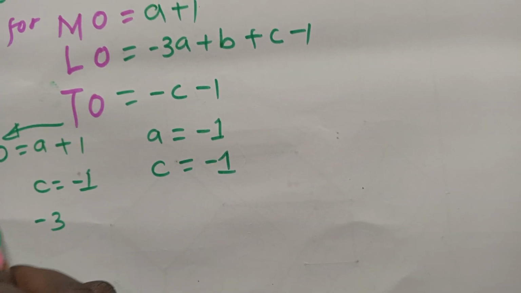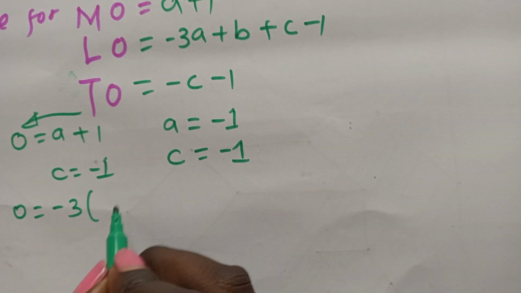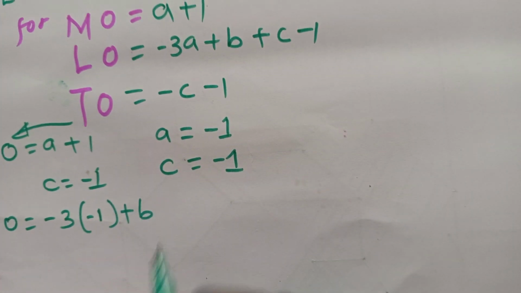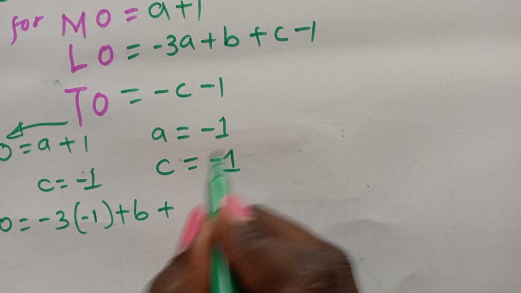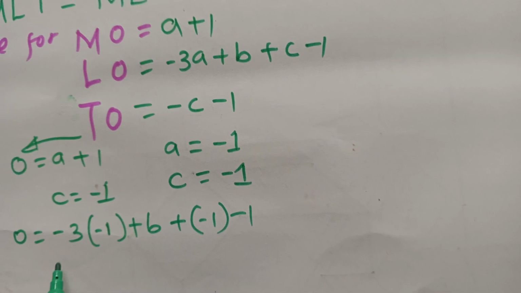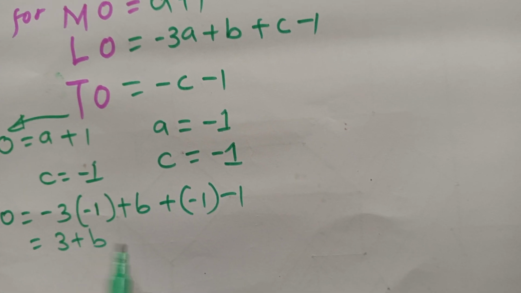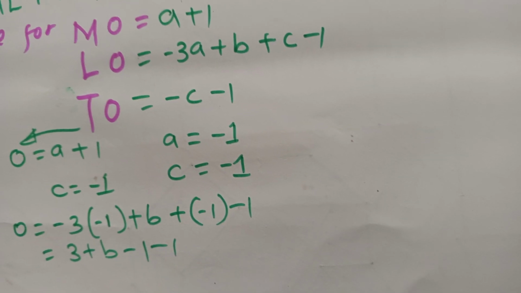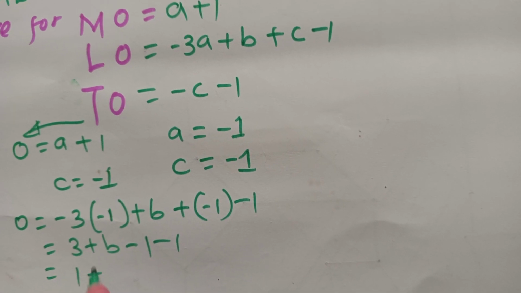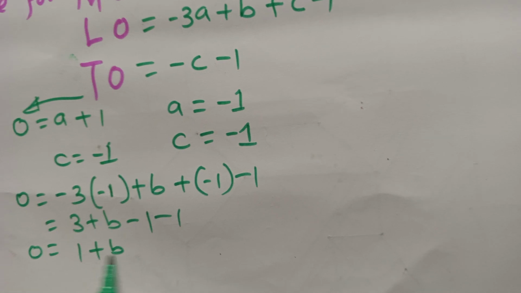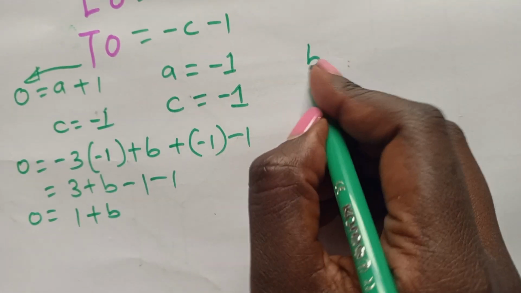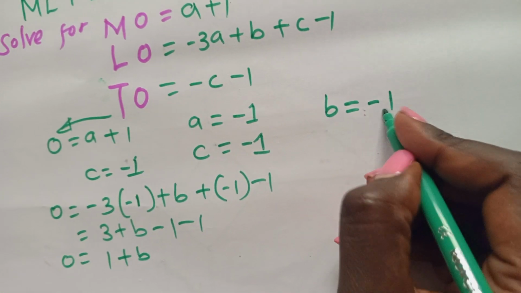For B, we have 0 equal to negative 3A, what is our A? Negative 1, plus B, which you're looking for, plus C, the entire C is negative 1, minus 1. So this is positive 3 plus B minus 1 minus 1. These are negative 2 and this is positive, which gives 1 plus B equal to 0. Take 1 to the other side and you have your value of B as negative 1.